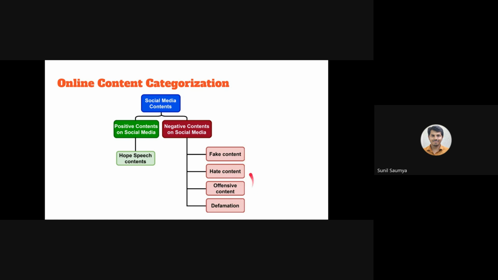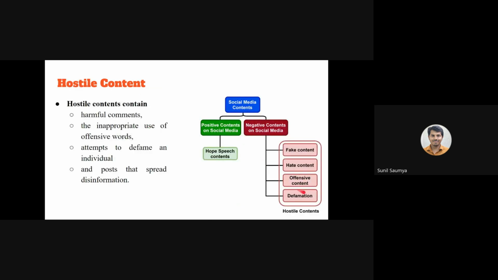All these negative contents together, if you want to keep them in one superset, that set is called hostile. So all the negative content I have listed here is termed hostile content, whether it is fake, hate, offensive, defamation, cyberbullying, or many other things. These contents can be harmful.